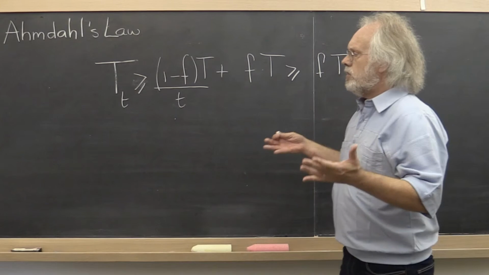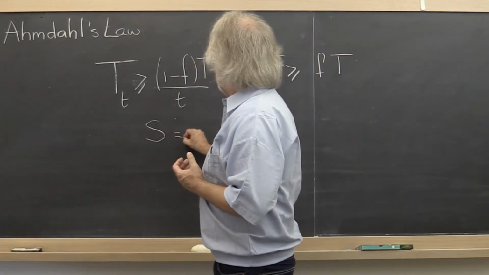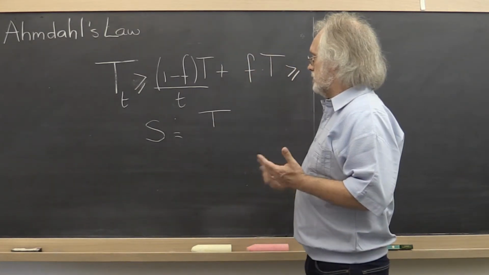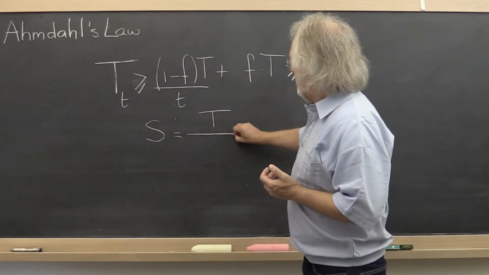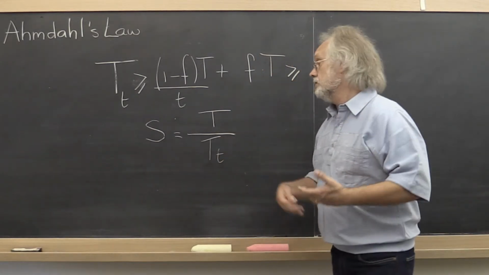Now, what do we know then about speedup? Well, speedup we defined as the time it takes on one core, sequential time, divided by the time it takes on t threads on t cores.